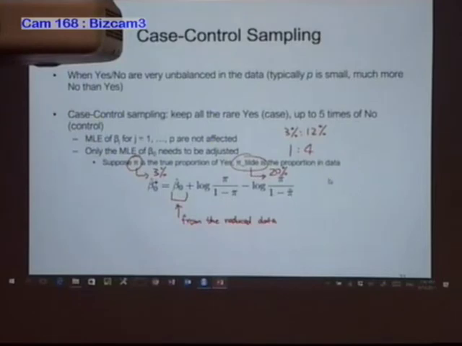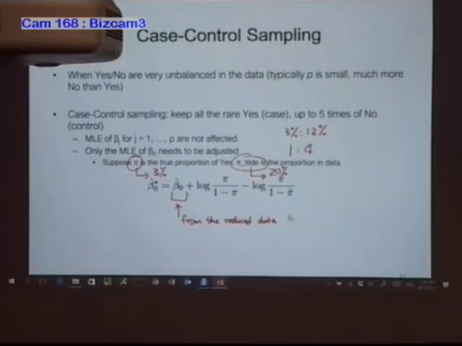Before we have 3% of the bad guys, we don't touch that. We have 97% of the good guys. So we reduce that 97 to 12. We have 9,700 good ones. We only keep 1,200 sitting there, such that our ratio is 1 to 4.